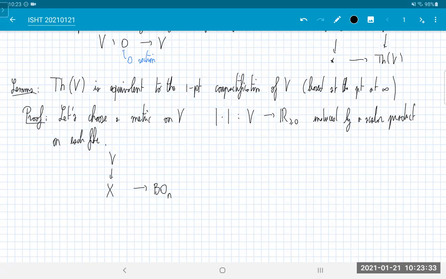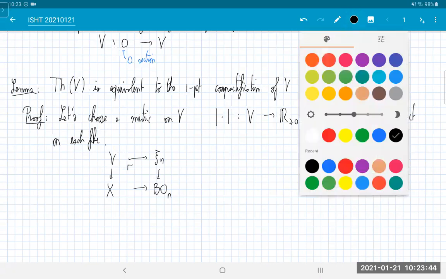We choose one, and we choose a nice diagram so that it's a pullback. We can do that. We've proven that every vector bundle can be obtained like this, and this guy has a metric.